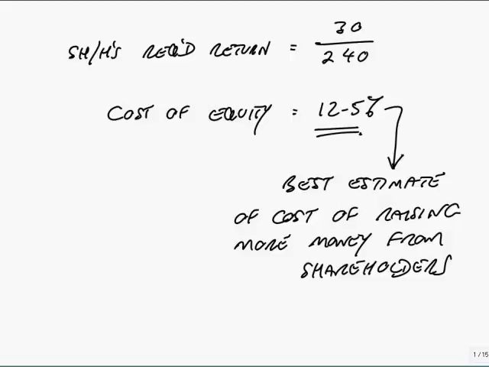The money I've already raised, presumably, is already invested, and it's too late. What I'm concerned about is if we raise more money today for a new project, how much would it cost me to get it from shareholders? Well, if they want 12.5% to buy them on the stock exchange, there's no way I'll be able to borrow more money from them unless I give them 12.5%. You see my point?